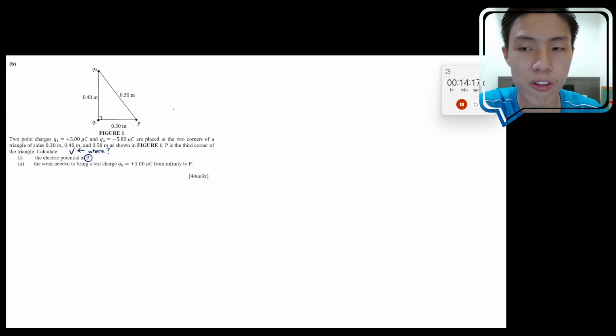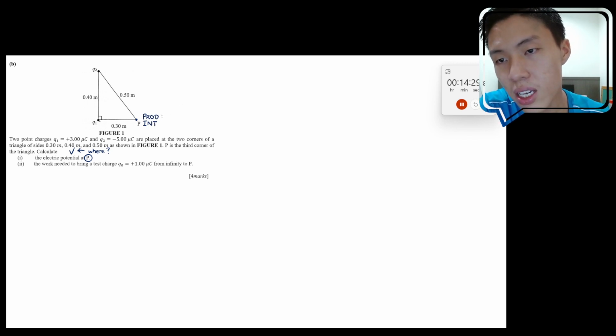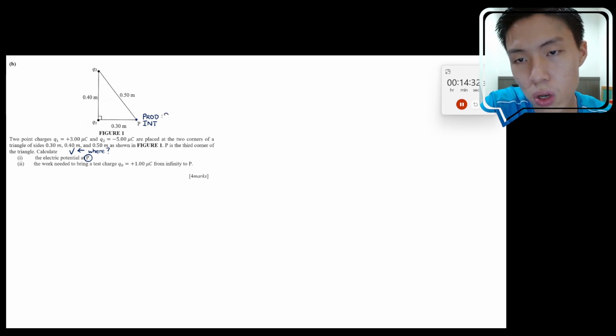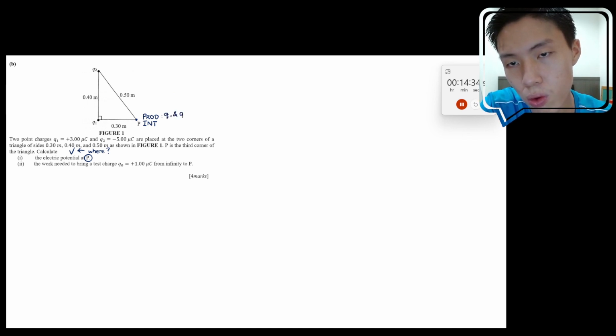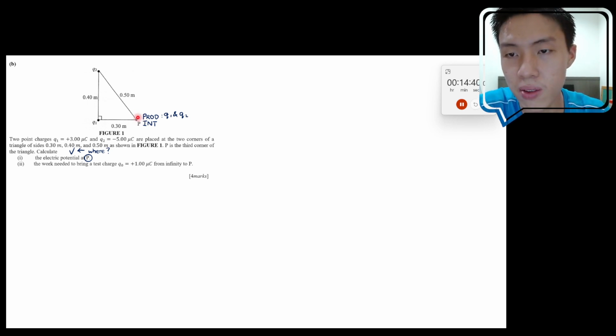Now that we have specified the location of interest, let's check who is producing the electric potential at P, and who is interacting with it. As you can see, the surrounding charges are Q1 and Q2, so Q1 and Q2 are responsible for producing the electric potential at point P. But who is interacting with the electric potential at P?